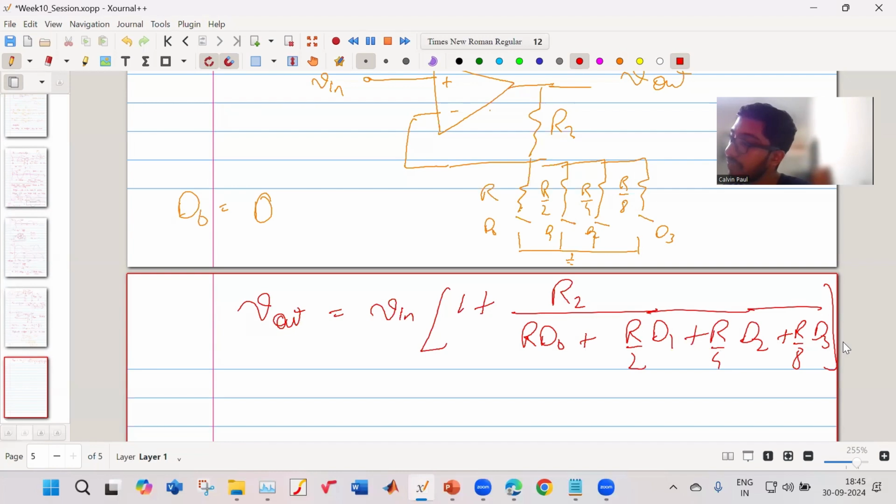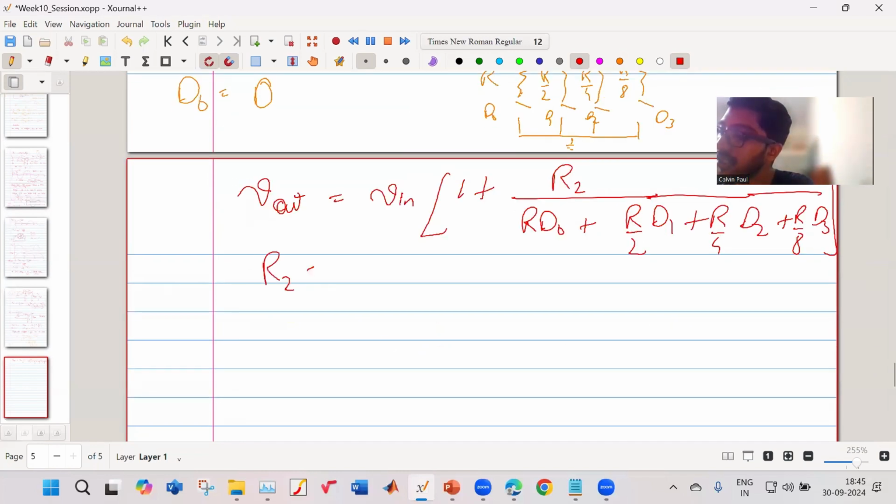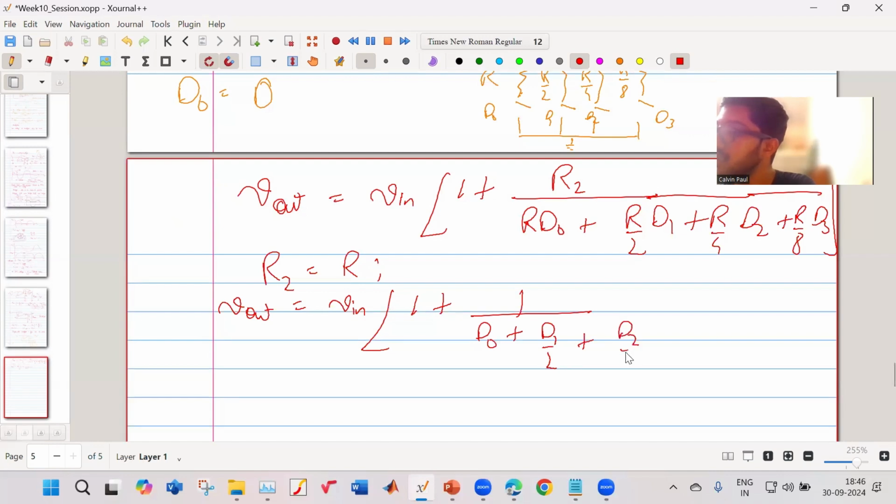So in that way, I can vary the gain. Let us assume, to make life easy, let us make R2 equal to R. Then my V out is equal to V in into 1 plus 1 upon D0 plus D1 upon 2 plus D2 upon 4 plus D3 upon 8.